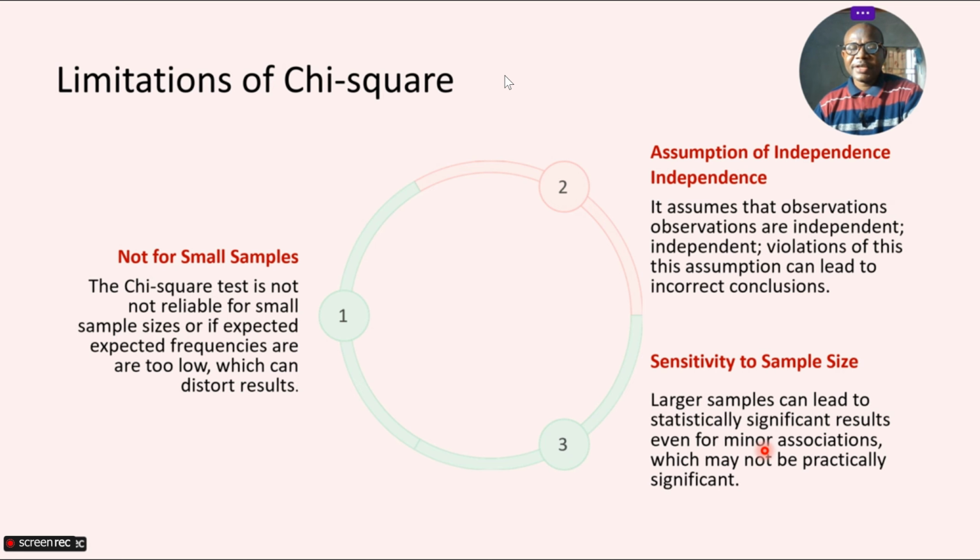And number three, it is sensitive to sample size. Of course, we must use a considerable sample size, but when you make use of too large a sample size, you can pick up a significance that may not really indicate a valid association, or a minor association may be spotted in such a scenario.